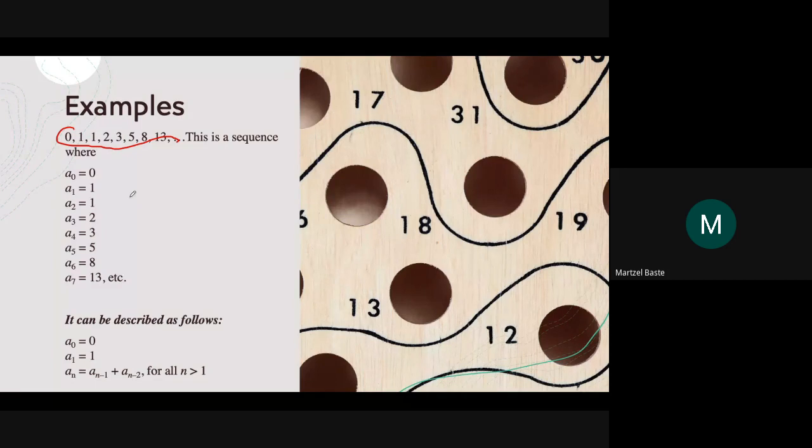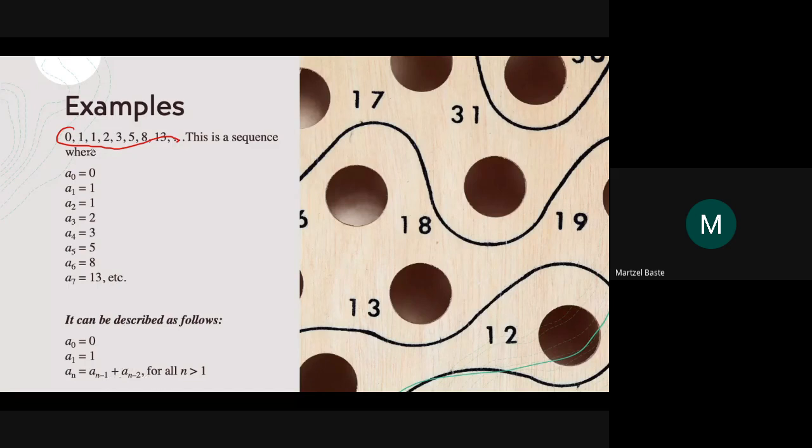Di ba I told you earlier that the first Fibonacci numbers are 0, 1, 1, 2, 3. So ang formula niya is a sub n minus 1 plus a sub n minus 2.